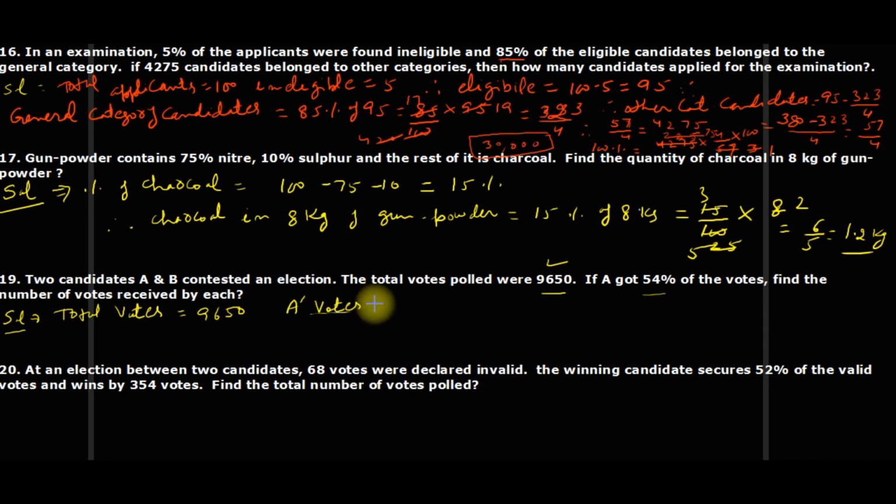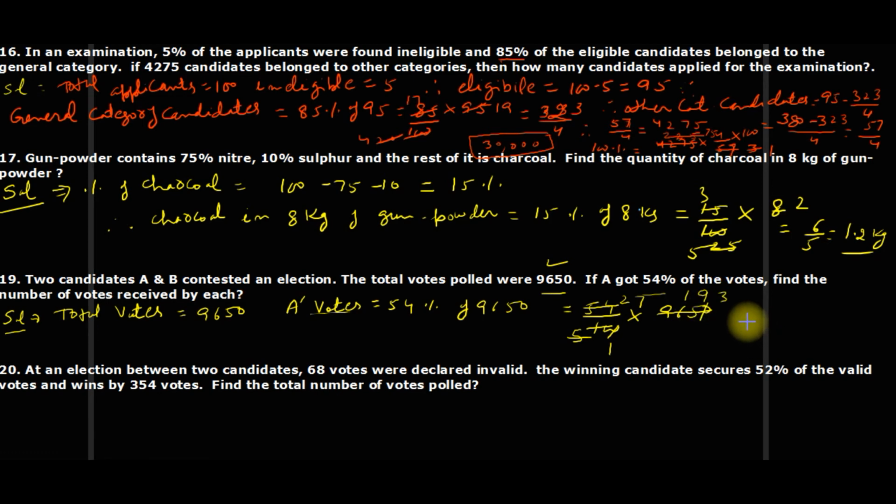So A's vote would be 54% of 9650. Right, that means 54 upon 100 multiplied by 9650. So 0 got cancelled. 27 2s are 54, 2 5s are 10, 5 1s are 5, 4 46, 5 9s are 5, 3s.